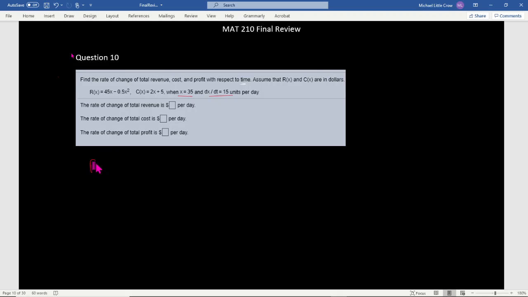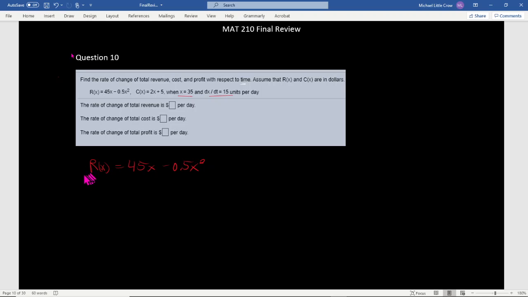We have a revenue function, R(x) = 45x - 0.5x². We want to take the derivative with respect to time, which again is somewhat of a hidden variable.